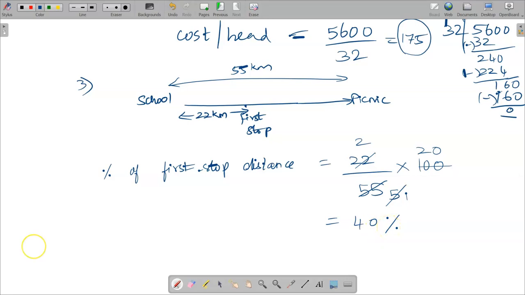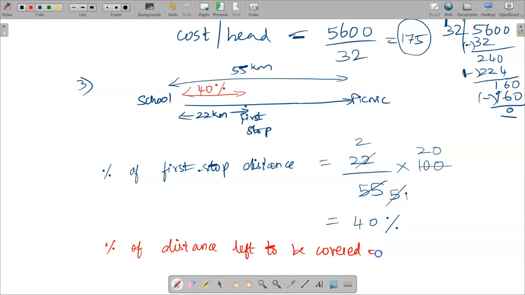Again, the other part of the question is what percentage of the distance is left to be covered. Okay, so up to this it is 40 percent. What percentage is left to be covered? The percentage of distance left to be covered is given by the total distance.